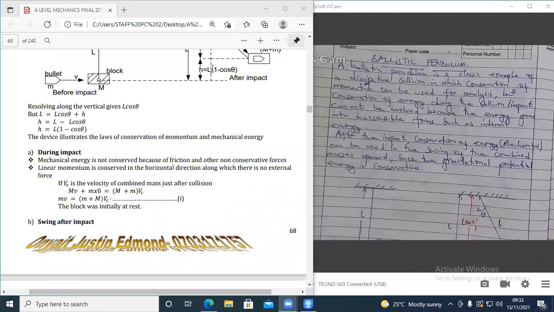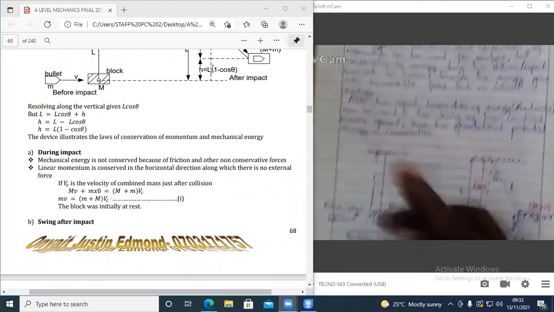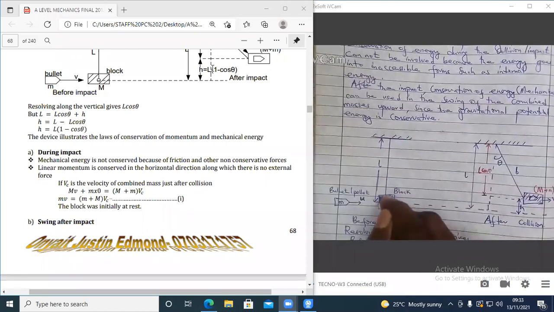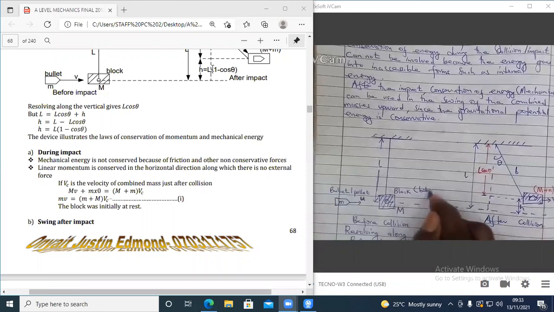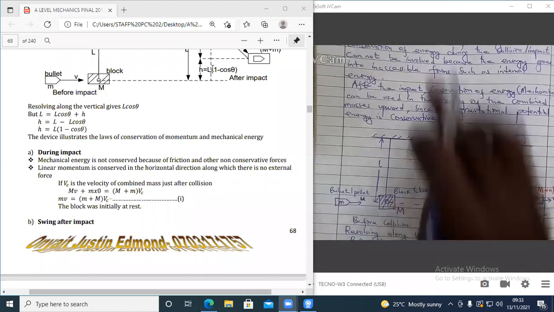If you attach a bob to a pendulum, that's why we call it a pendulum bob. But the string alone is what we call the pendulum. Attaching the block to it, this block can also be a bob. Are you together? So when you attach it, we call it a ballistic pendulum.